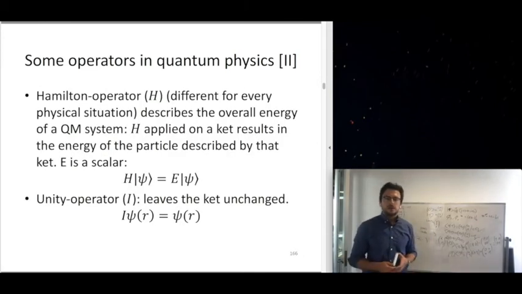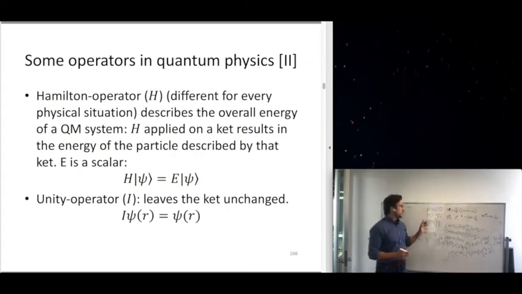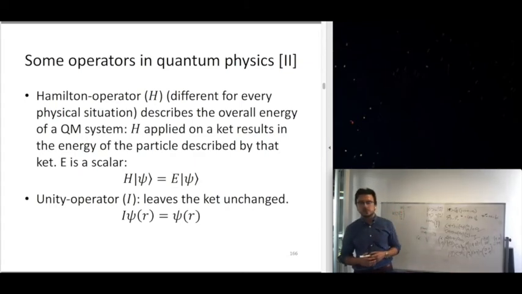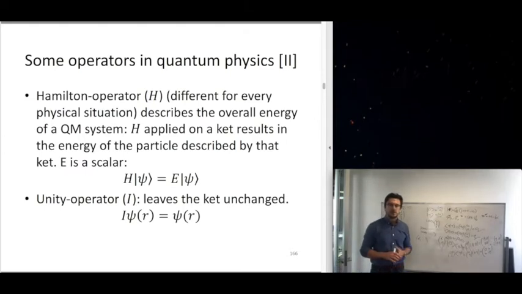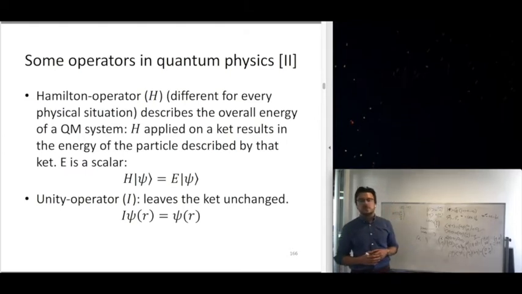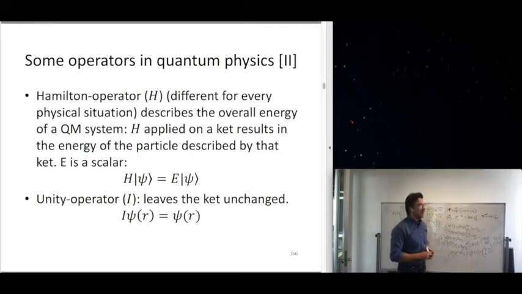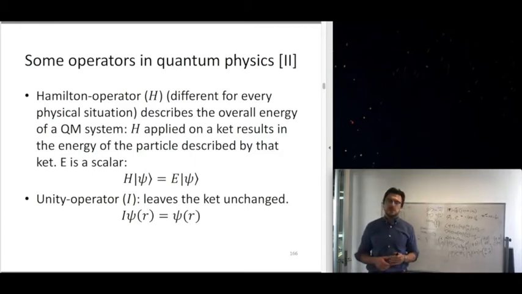And the Hamilton operator is not what we saw with the Hadamard transformation. The Hadamard transformation is also denoted by H. A Hamiltonian or Hamilton operator describes in a matrix form the overall energy of a quantum mechanical system. So the Hamiltonian applied to a wave function equals the energy of the wave function.